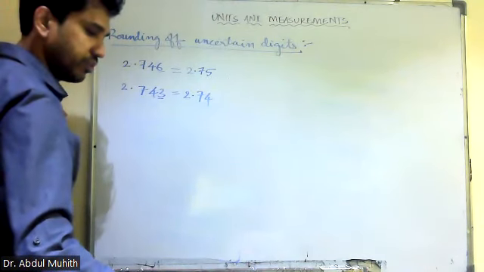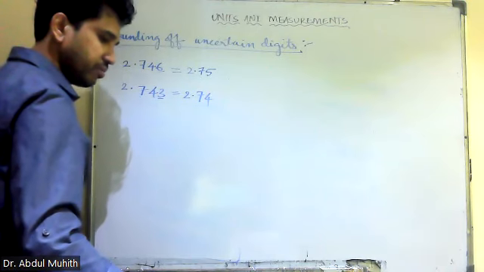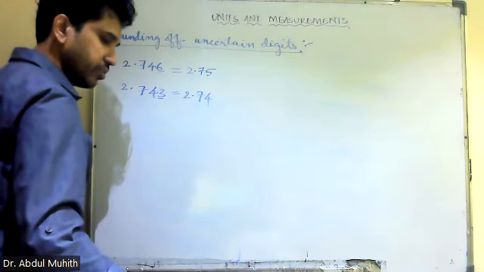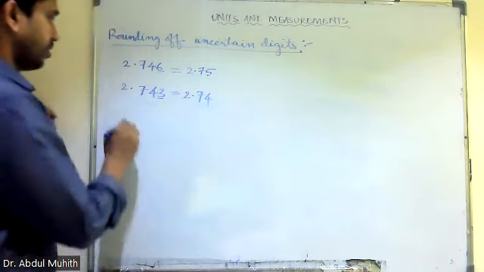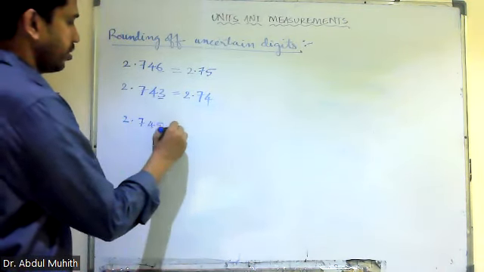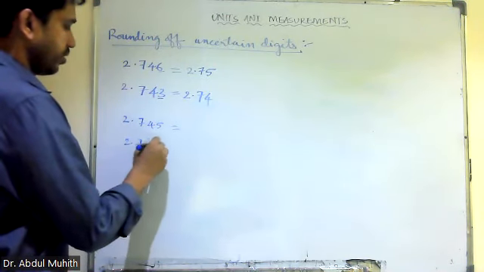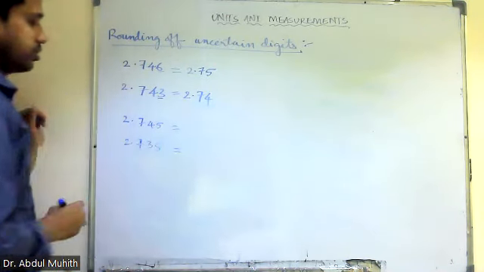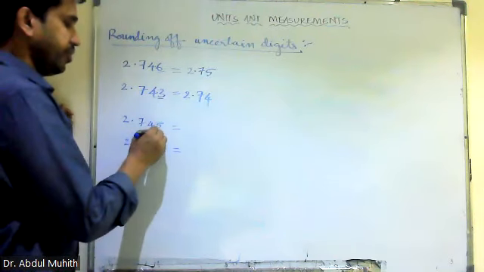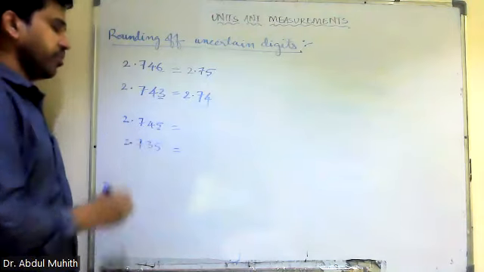Now next one: suppose it is an even or odd number, 2.745 and 2.735. Here, if it is exactly 5, it's not less than 5 or greater than 5.